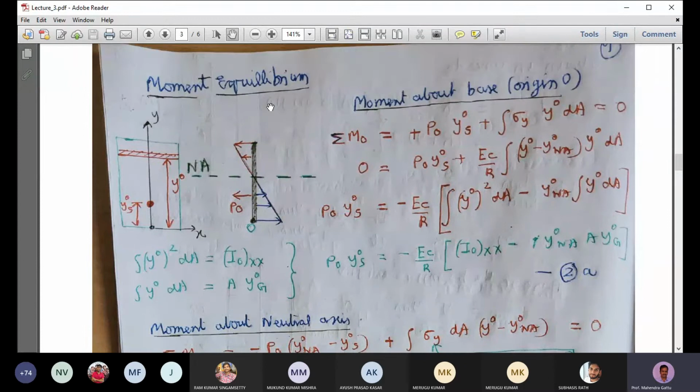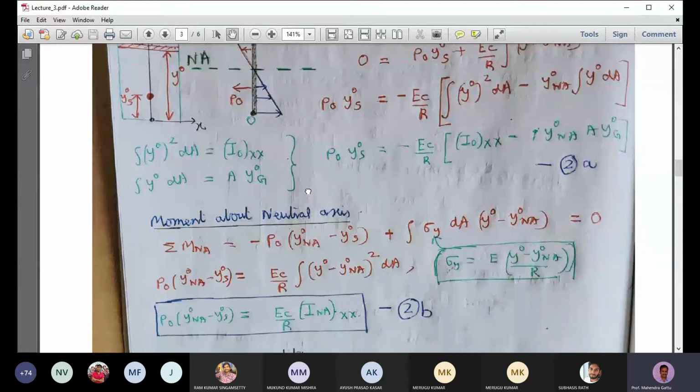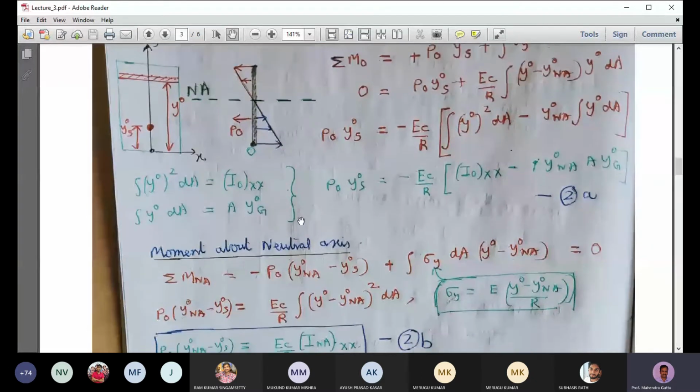And one more thing we can do is write the moment equilibrium equation about the neutral axis. That is what we are doing here. Moment about the neutral axis. Now the neutral axis is above and the steel is below, so this moment will be in the clockwise direction. So we have a minus P naught into (y naught neutral axis minus ys); we indicate that by the minus sign.